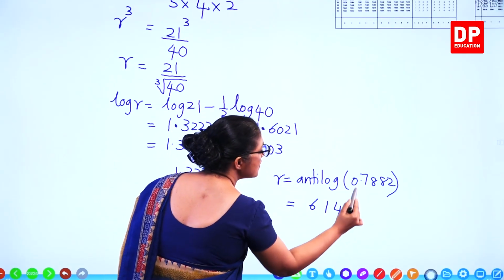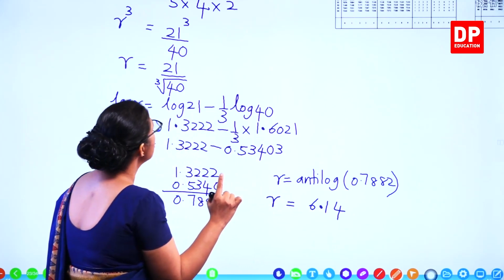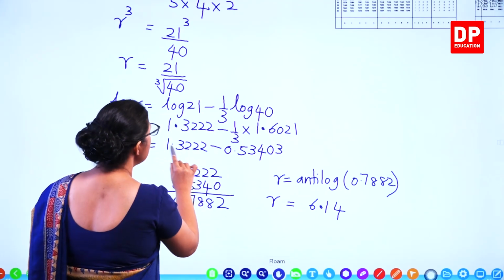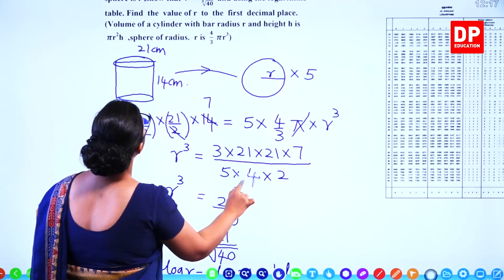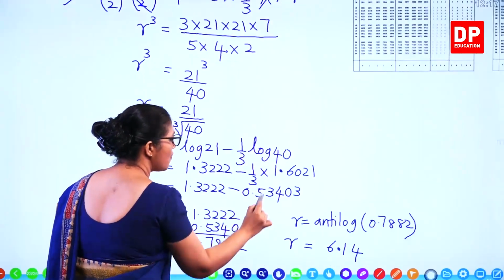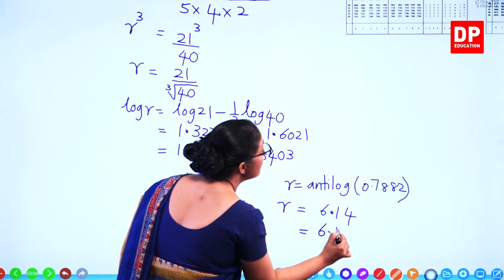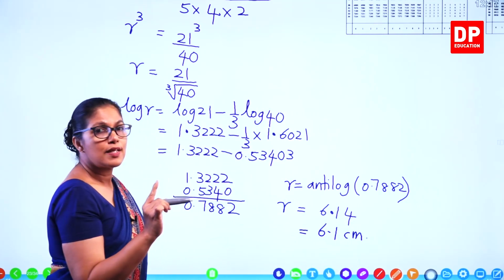This is 0 point, so 6.14 is the radius. This is correct to 2 decimal places, so we need just 1 decimal place, the first decimal place. So we can round it. 6.1 centimeters is the radius of this sphere.